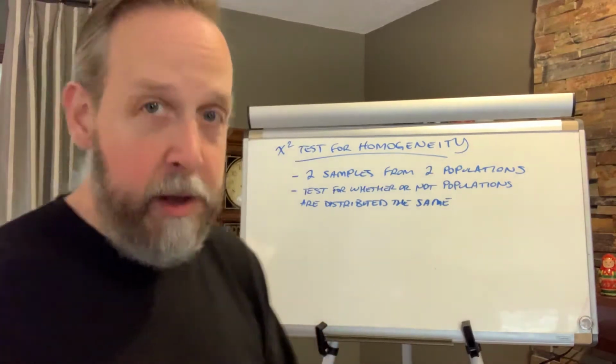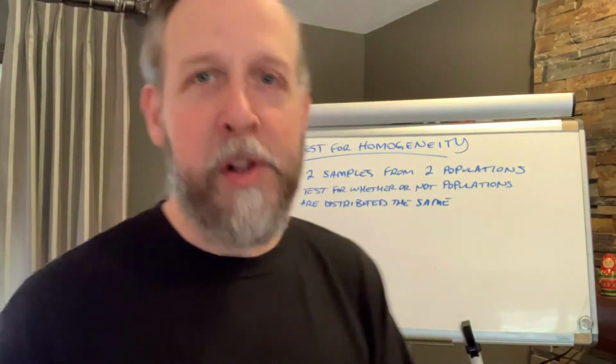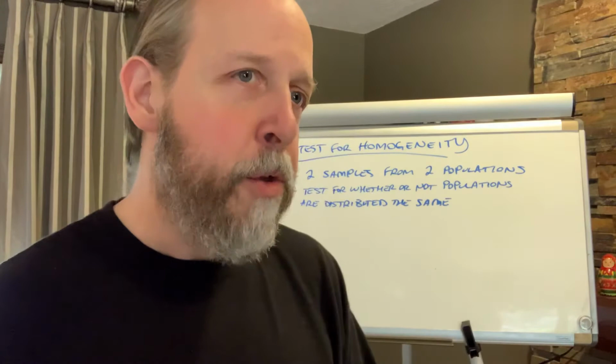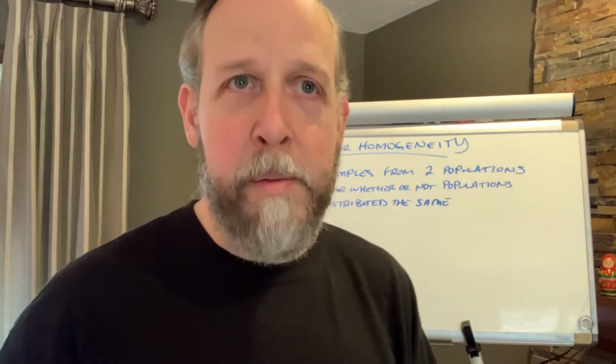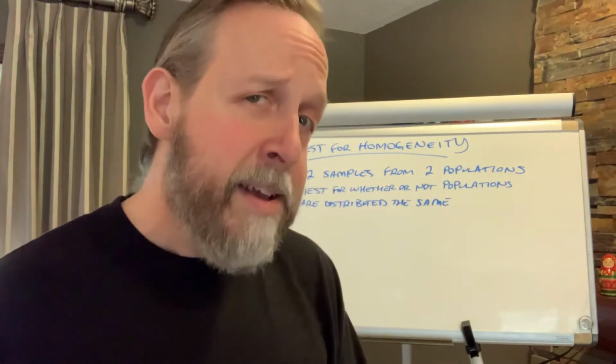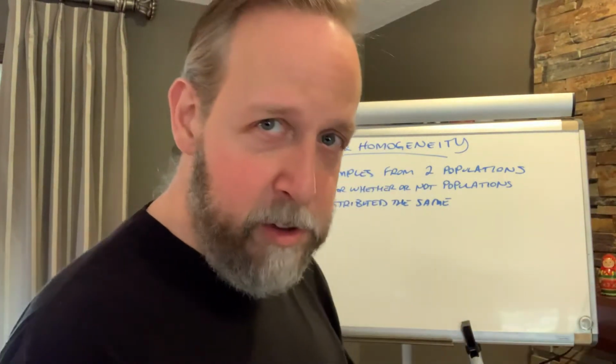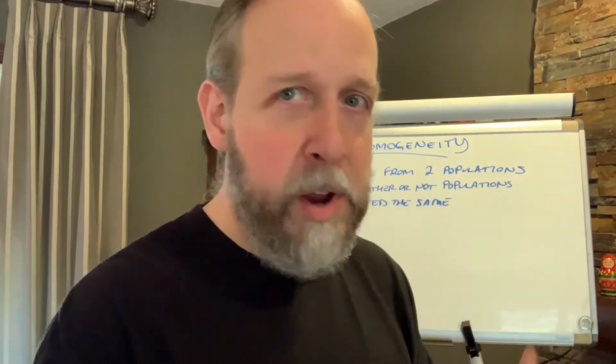So if I took one random sample of Shelton High School students and another random sample of Los Angeles High School students, and I wanted to see, let's say, their breakdown for freshman, sophomore, junior, senior, all right? What we'd be testing is to see whether or not high school in Shelton and high school in Los Angeles have equal breakdown of grade level students. So would the distributions be about the same?